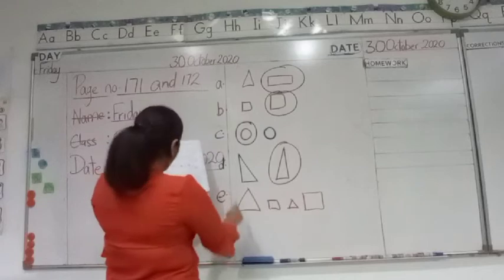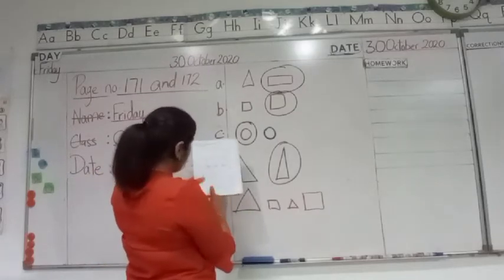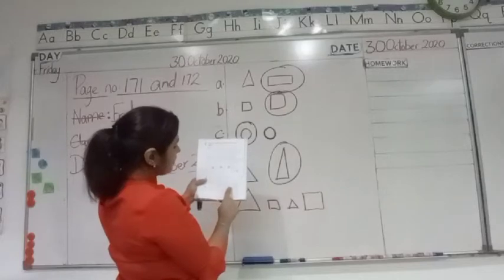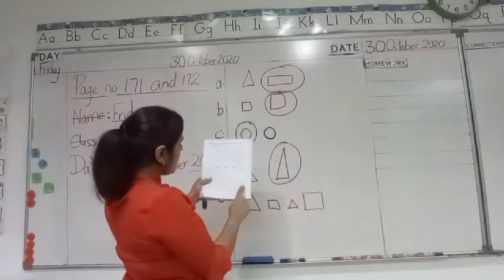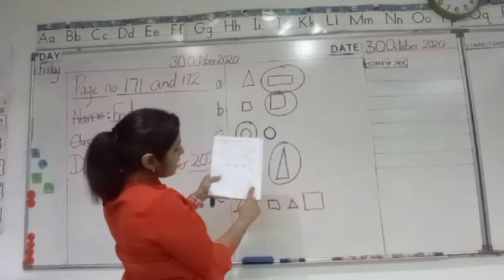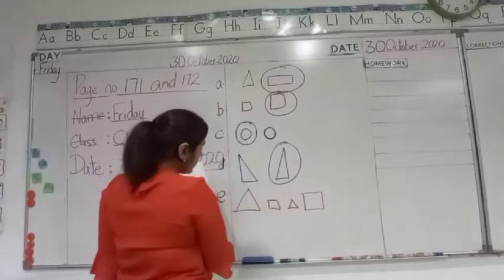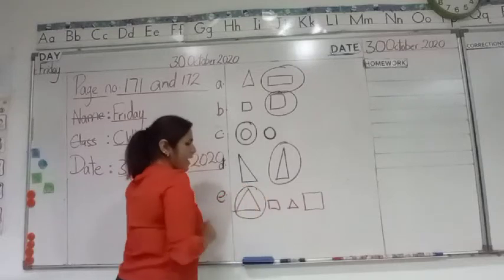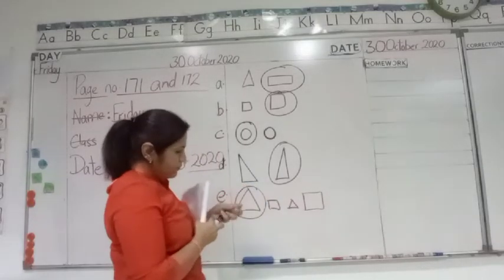Triangle, square, triangle, square, triangle, square. Next is a big triangle. Beside the big square, there should be a big triangle. Please circle.